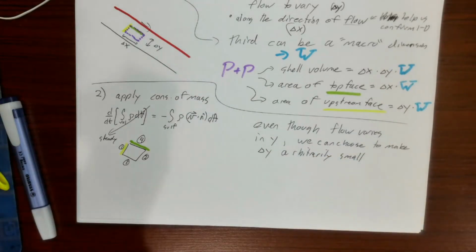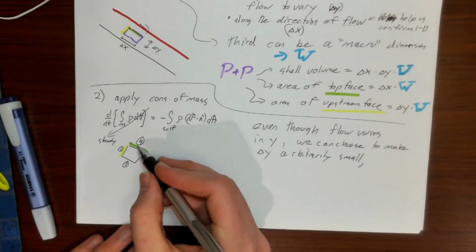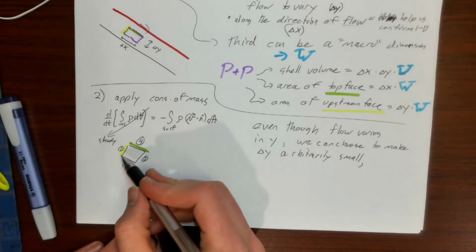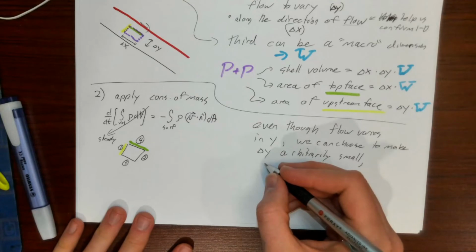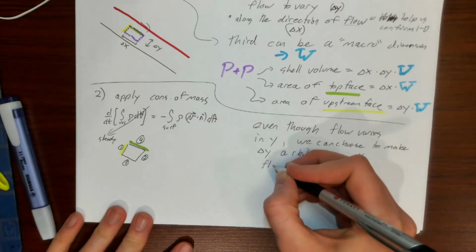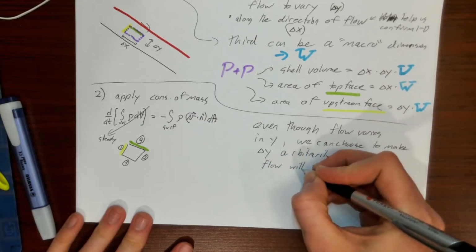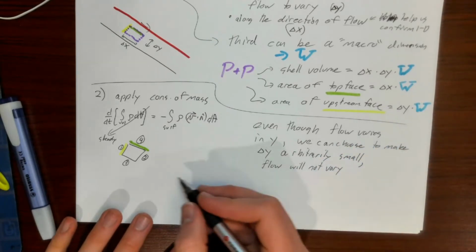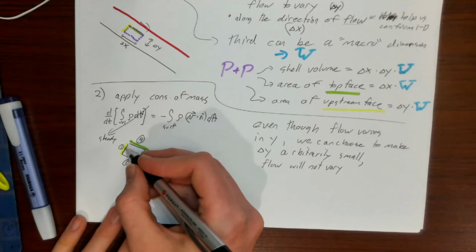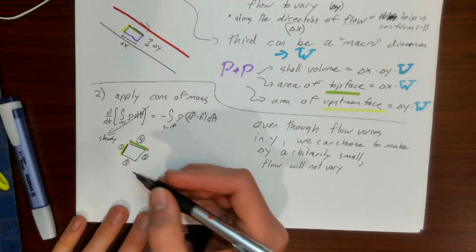Then for our calculusly small control volume right here, flow will not vary within any face.